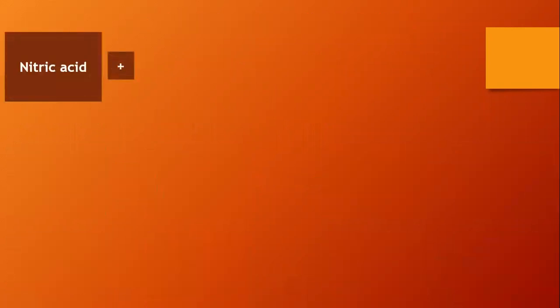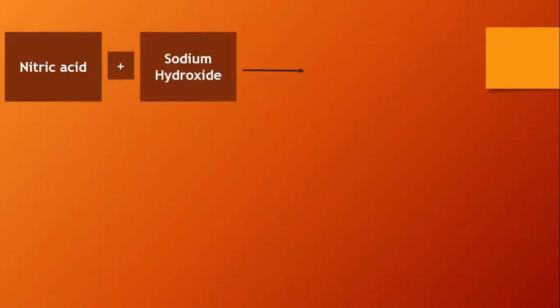Now, this is another example. I have nitric acid plus sodium hydroxide. Let's try the same method again. I don't care about the word hydroxide. I care about the word sodium. This is what I'm going to start my salt with. And what about this nitric acid? I don't care about the word acid, and I really don't care about the IC at the end.